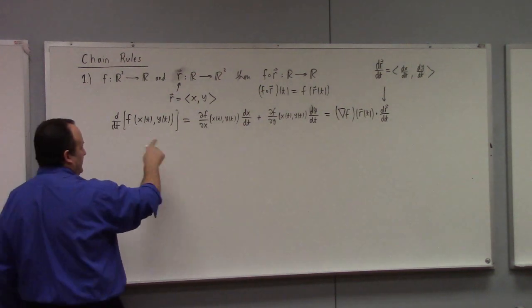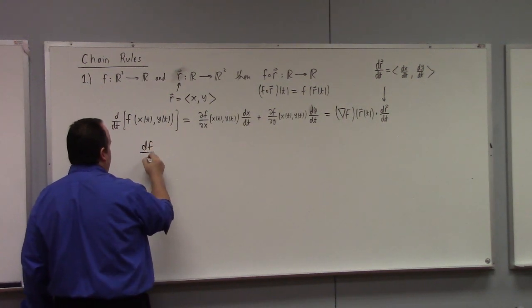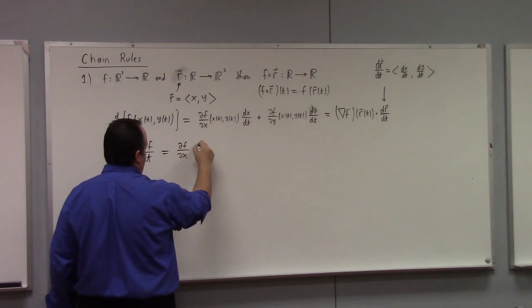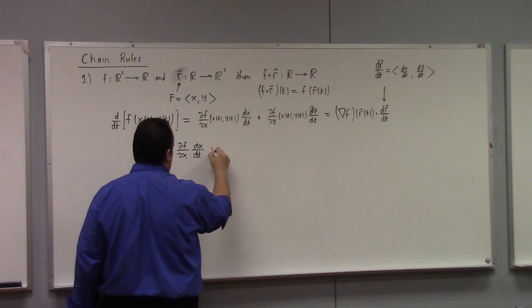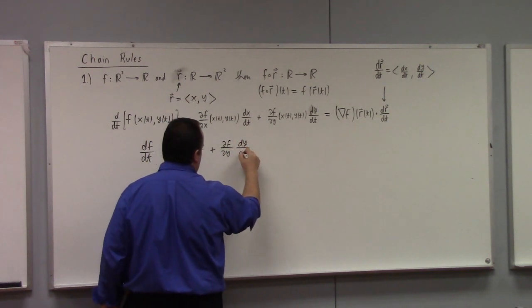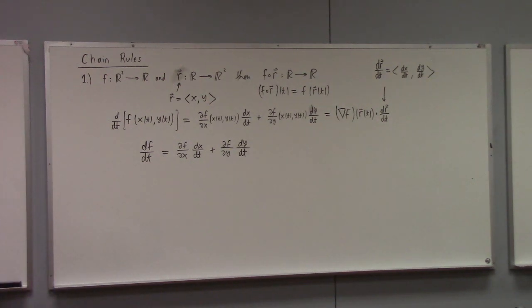So let me write this in an uncluttered way: df/dt is equal to partial f partial x times dx/dt plus partial f partial y times dy/dt. That's all I'm saying here.